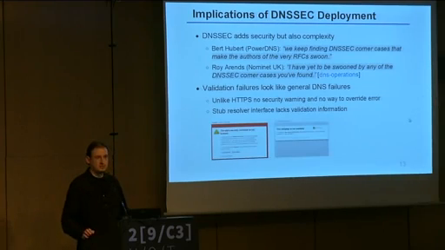Okay, now there is another problem, a real reliability problem with DNSSEC, and it is validation failures look like general DNS failures. Let me explain this with an example of an HTTPS error, so a TLS error.